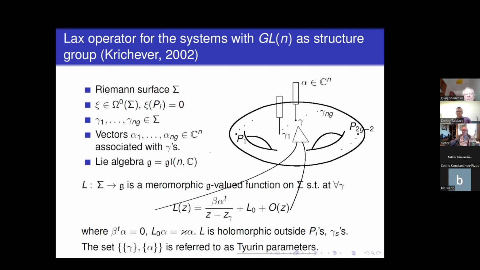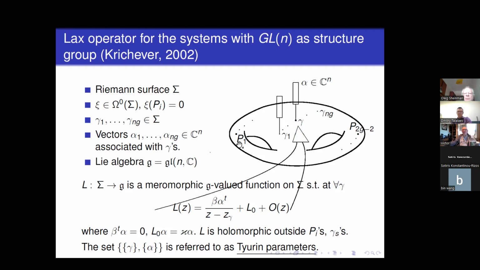This means that this is a meromorphic matrix-valued function on the Riemann surface. It's required that this function is allowed to have poles only at zeros of our chosen differential xi, p_1 and so on, p_{2g-2}, and also at the points gamma_1 and so on, gamma_ng, and nowhere else.